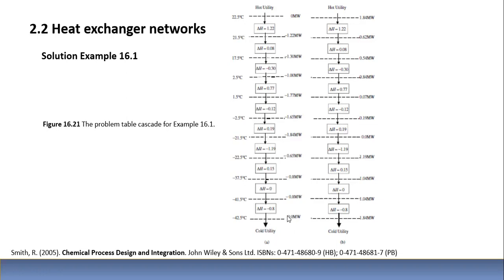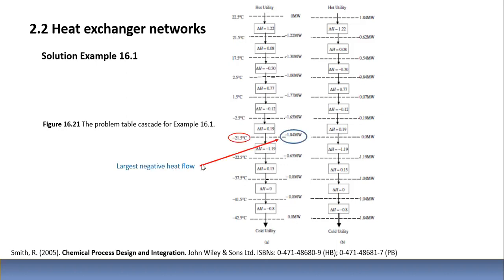So 0 megawatts of energy input, minus 1.22, minus 1.22 minus 0.08 is minus 1.3, minus 1.3 plus 0.3 is minus 1, minus 1 minus 0.77 is minus 1.77, minus 1.77 plus 0.12 is minus 1.65, minus 1.65 minus 0.19 is minus 1.84, minus 1.84 plus 1.19 is minus 0.65, minus 0.65 minus 0.15 is minus 0.8, minus 0.8 plus 0 is minus 0.8, minus 0.8 plus 0.8 is just 0.